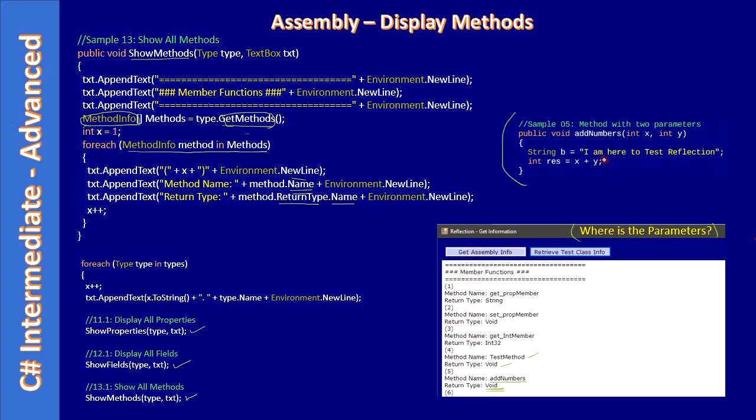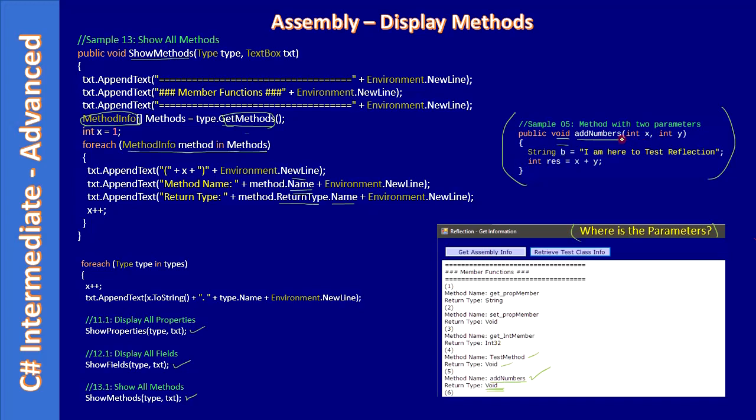Here we just gave you an example method add numbers, and our iteration displays add numbers and void return type. In the next video we will display the parameters also.